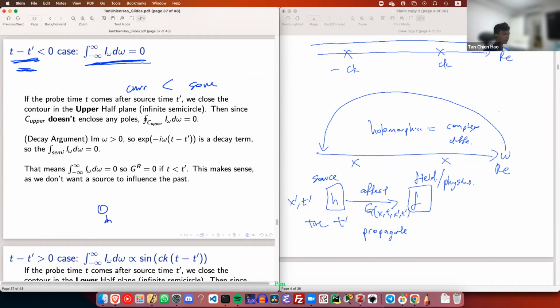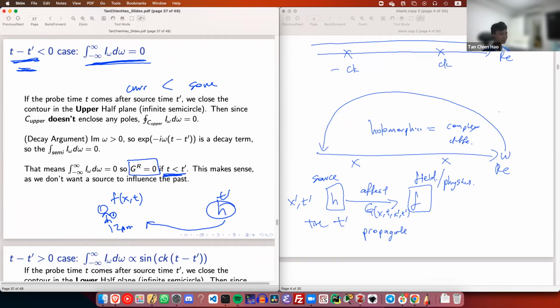I'm a guy here with a stopwatch, measuring at time 12 p.m. the field strength f at position x at that time. And the t prime, the source, actually comes after my measurement. Then certainly, t less than t prime, I don't want my future source to affect the past. If not, it violates causality. And so it makes sense that the Green's function is 0.